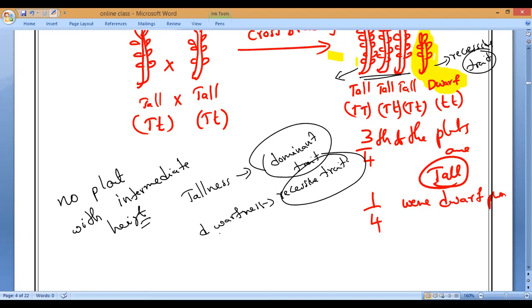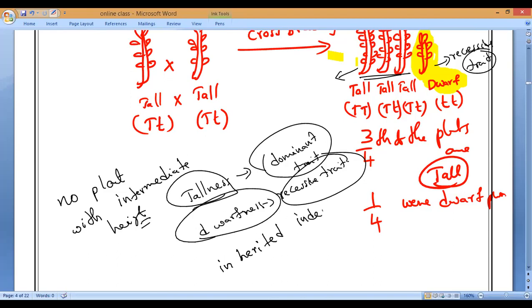So Mendel's experiment shows that the traits like tallness or dwarfness, whatever it is, are inherited independently. It does not depend on each other. That is what we can call the law of segregation also. We will study that in detail.